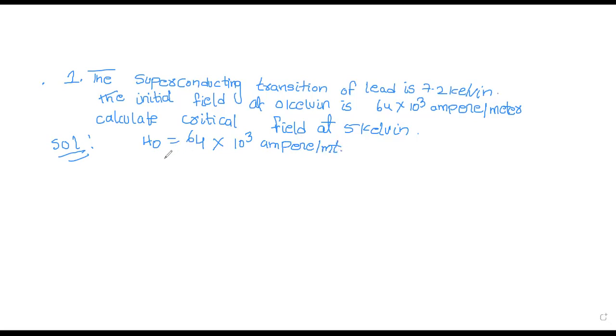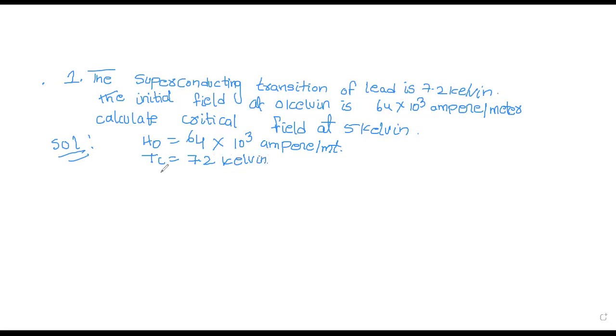The transition temperature is the critical temperature, so Tc is given as 7.2 Kelvin.